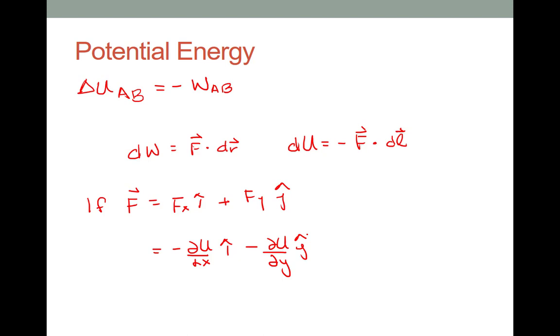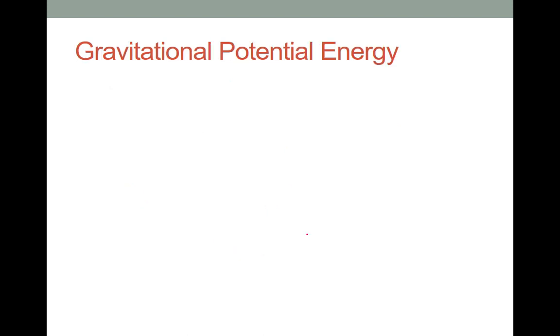Okay, let's calculate the potential energies for the 2 forces that we're going to be working with that are conservative in this unit. One is the force due to gravity, which is given by negative mg in the j hat direction.